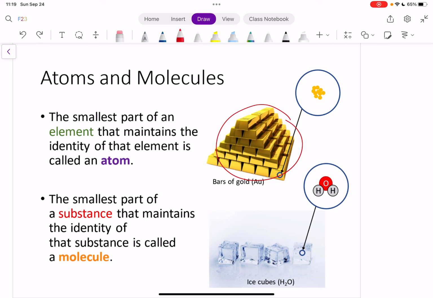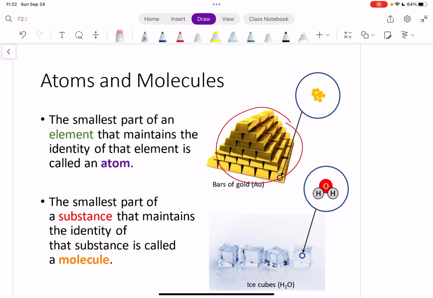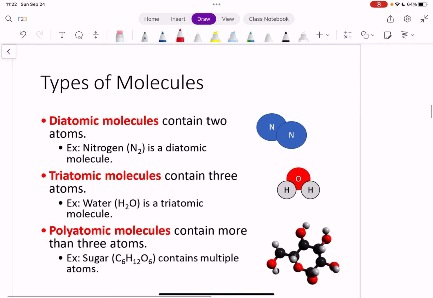If we zoomed into one of these bars extremely far, we would eventually get to gold atoms. And then the second bullet point says the smallest part of a substance that maintains the identity of that substance is called a molecule.